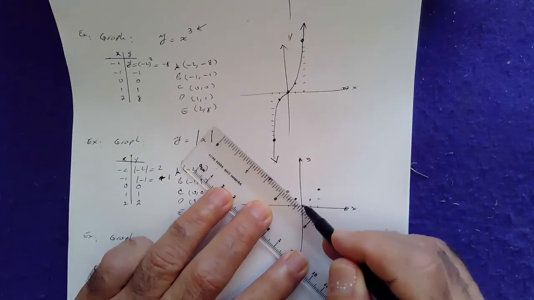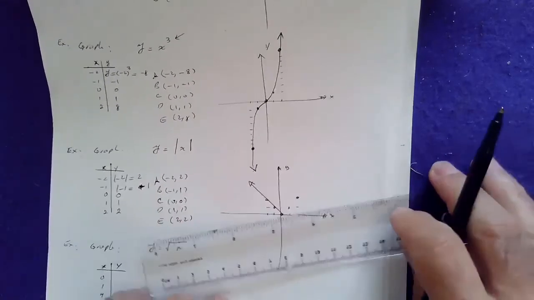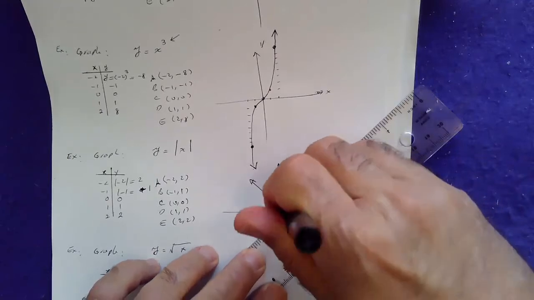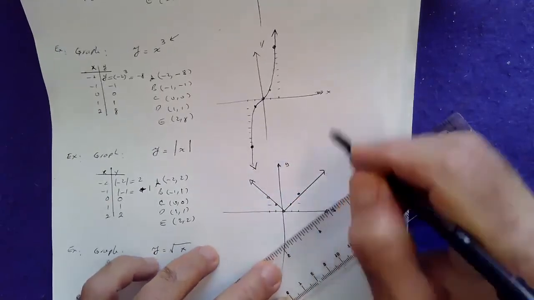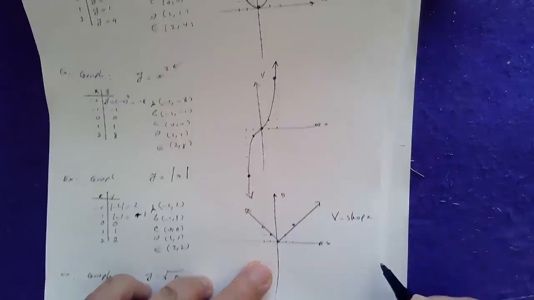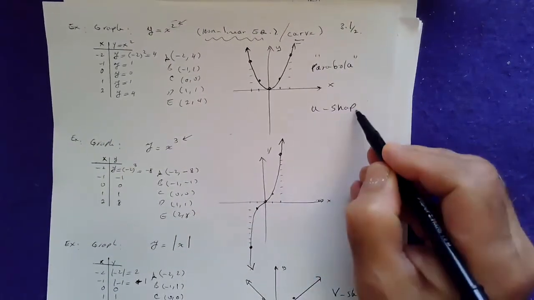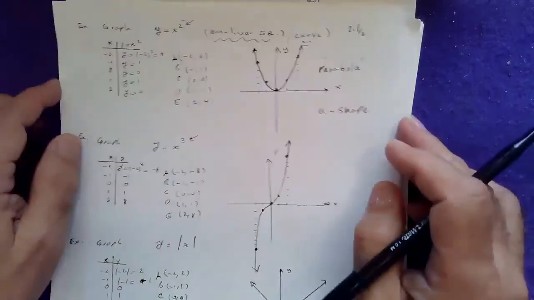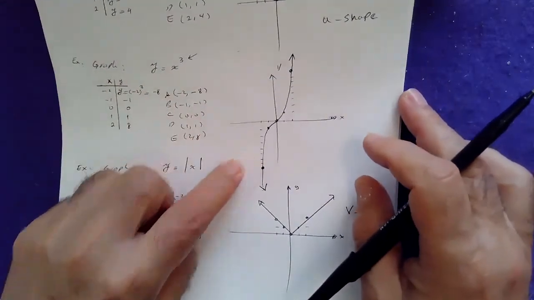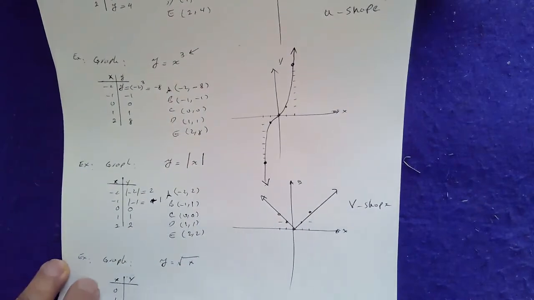So if I connect the dots on either side of the y-axis, I get something called a V shape. Do you see it? So not a U shape, but a V shape, right? So this is a V shape, whereas this guy was a U shape. So when you have a power of 2, it's a U shape. Power of 3 is a snake, and absolute value is always a V shape, correct?